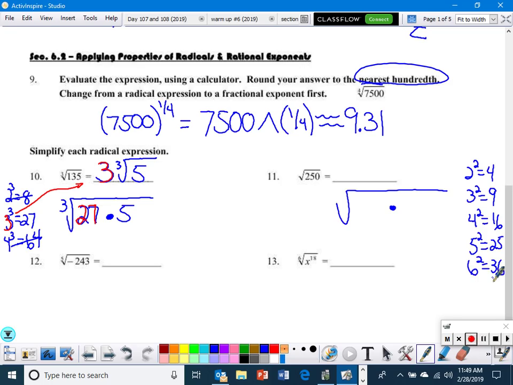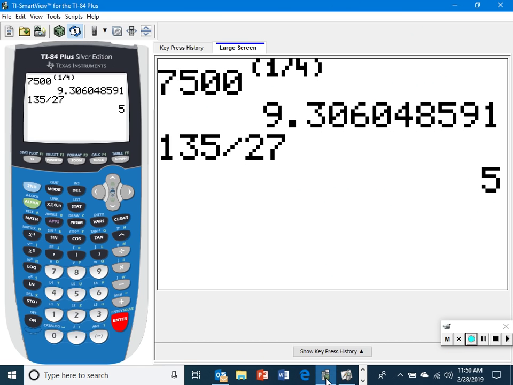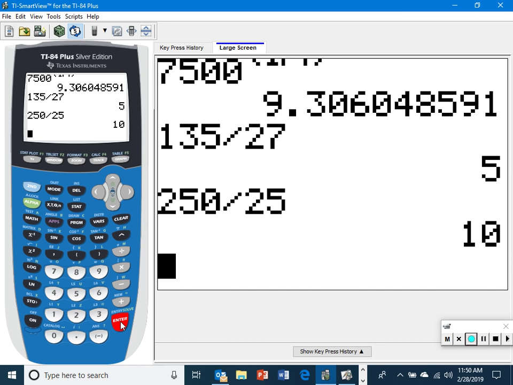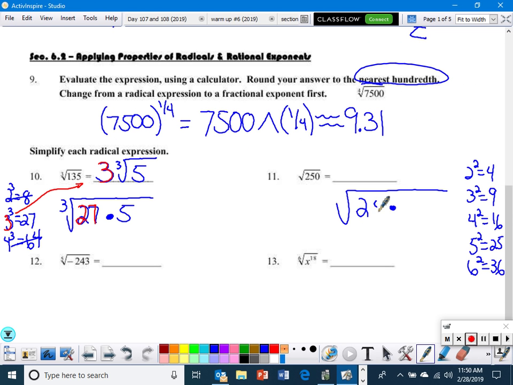All right, which of those perfect squares will go into 250? Pretty easy, I think. I believe that would be 25. 250 divided by 25. Yeah, 10. All right. And the square root of 25 is 5, so our answer is 5 square roots of 10.